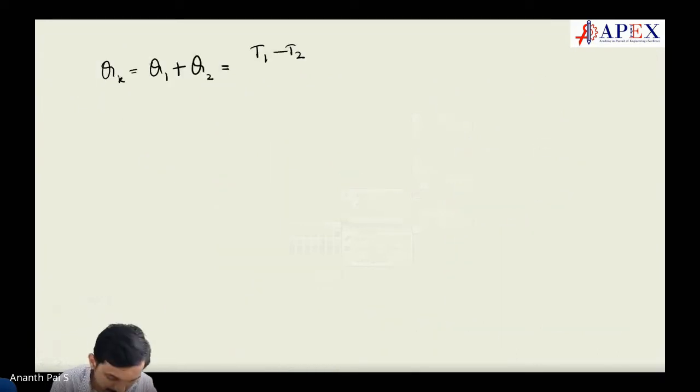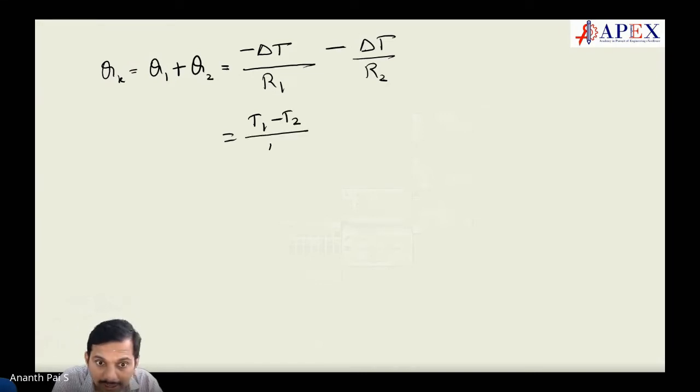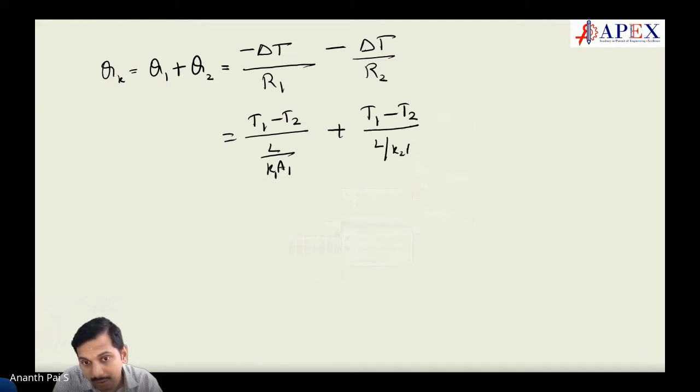So here when I put this one, the Q which is transferred goes with T1 to T2 divided by, I'll write this, this is equal to minus delta T into R1 minus delta T divided by R2, which goes as T1 minus T2 divided by L by K1 A1 plus T1 minus T2 divided by L divided by K2 A2.